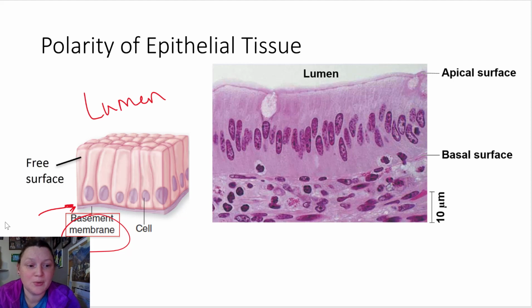So for example, your digestive system has a lumen inside your intestines. That inner hollow section, that space, is the lumen. So that face that is towards the lumen is the apical surface of your epithelial tissue. The bottom part attached to the basement membrane is called the basal side.